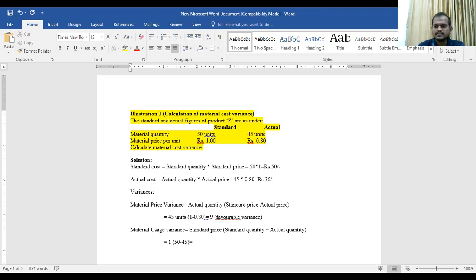So the difference is 5. 1 into 5, 5. So is it favorable or adverse? See, how much did we estimate to utilize the material? 50. But how much did we actually spend? 45. It means it is favorable. Favorable variance.